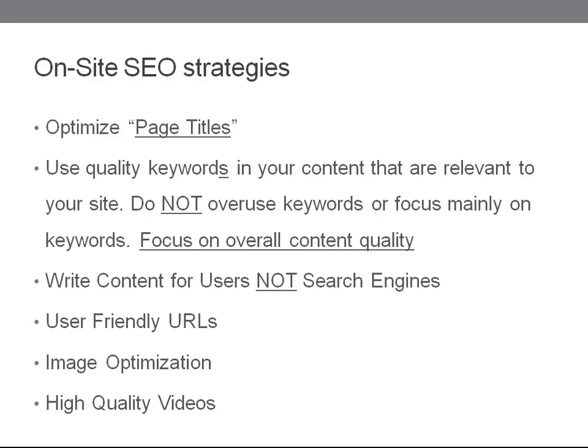And also you want to utilize the alt attribute, which is what's displayed if for some reason the server isn't serving up the image. High quality videos. Videos is also kind of a new thing in SEO. You can have videos with meta info and titles and keywords. So videos can actually be helpful in SEO.